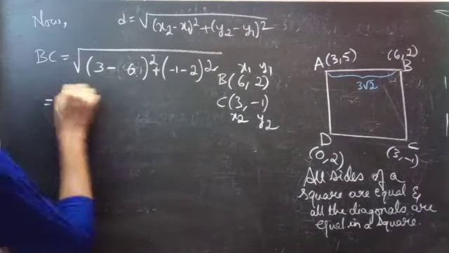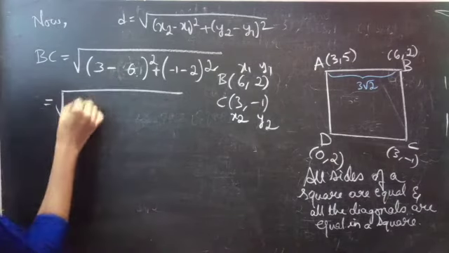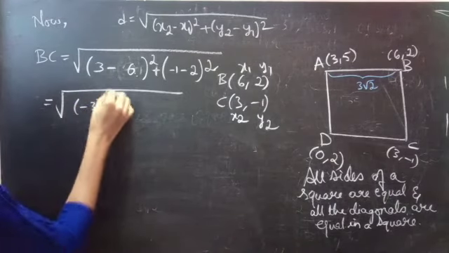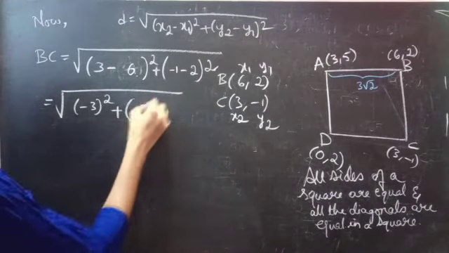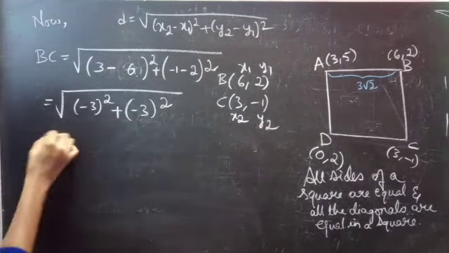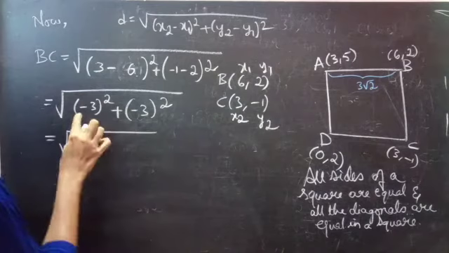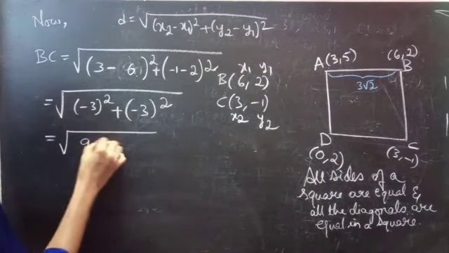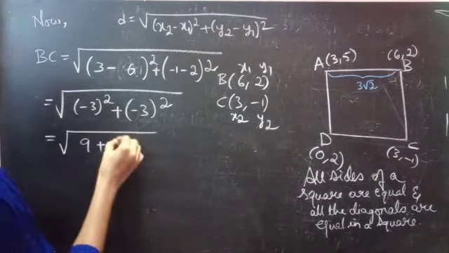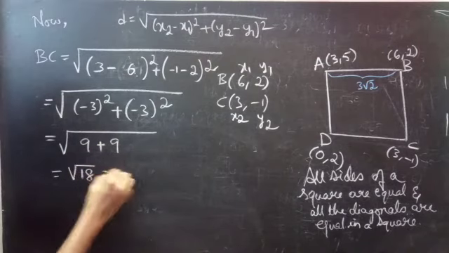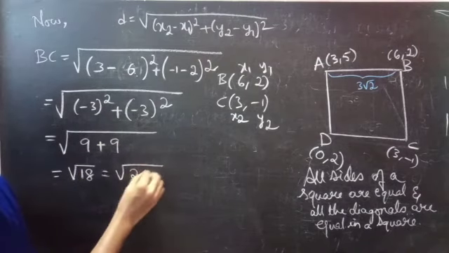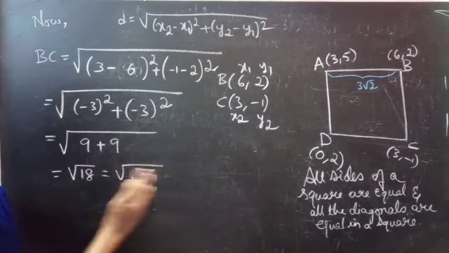So this is equal to square root of (3 minus 6 is minus 3) whole square plus (minus 1 minus 2 is again minus 3) whole square. So this is equal to 9 plus 9, which is square root of 18. So you can write it as 2 times 9 or 9 into 2.